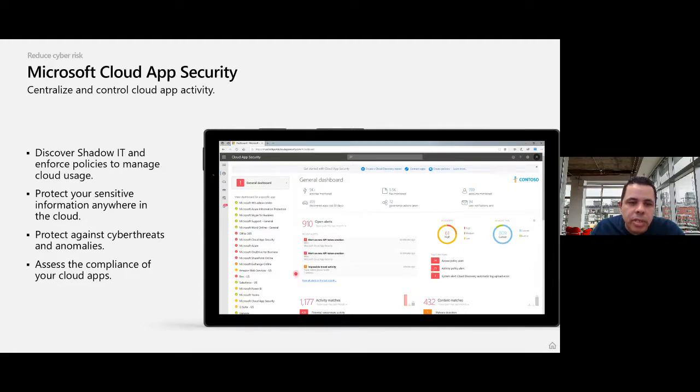That's from the discovery phase of the implementation, where you're able to set up log collectors from your firewalls and your proxies to see which applications your users are using within the environment. Are they using sanctioned applications, unsanctioned applications, and it helps you understand, classify, and protect exposure of sensitive information at rest, or leverage out-of-the-box policies and automated processes to apply these controls in real time across all of your cloud applications.